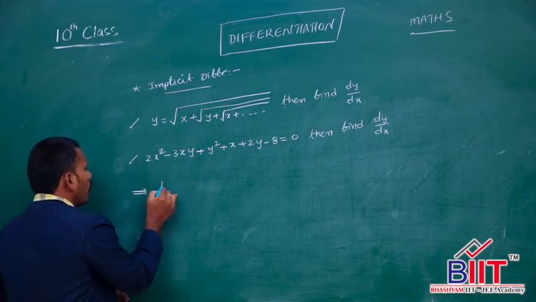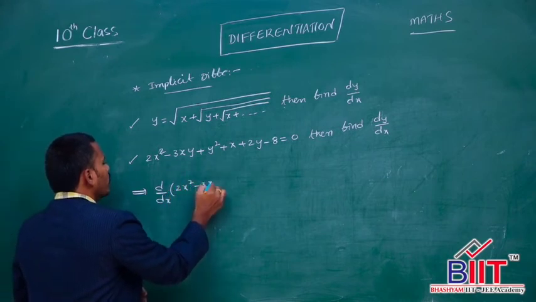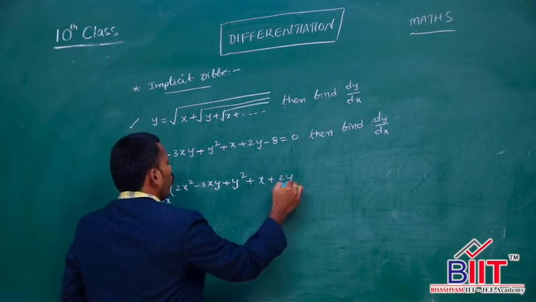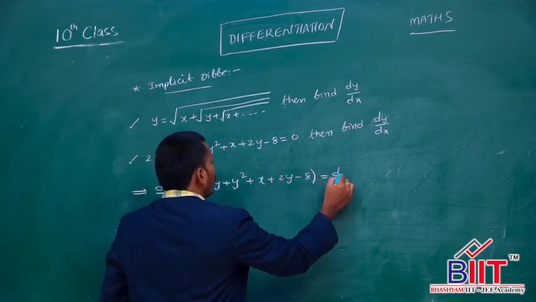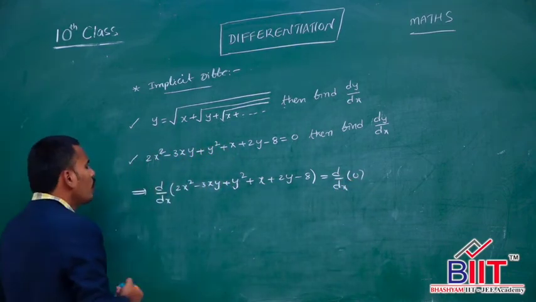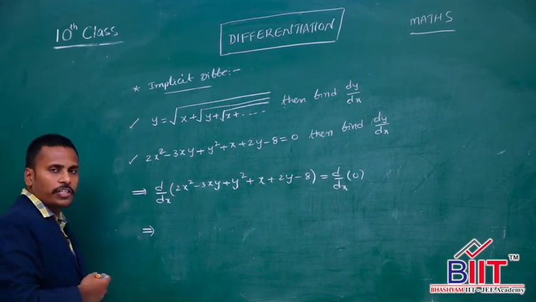So this is equals to d by dx of 2x square minus 3xy plus y square plus x plus 2y minus 8 is equals to d by dx of 0.